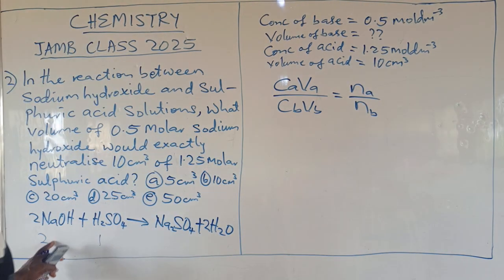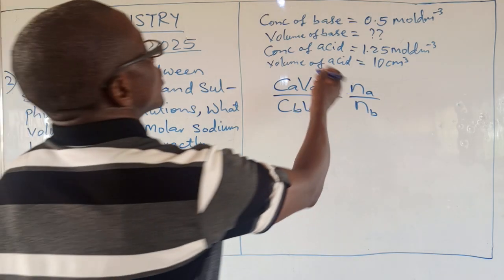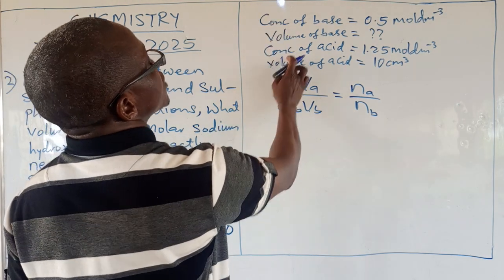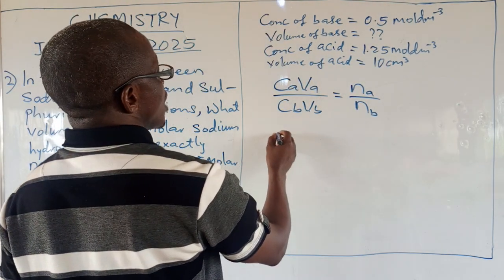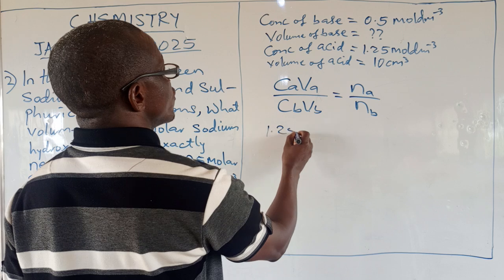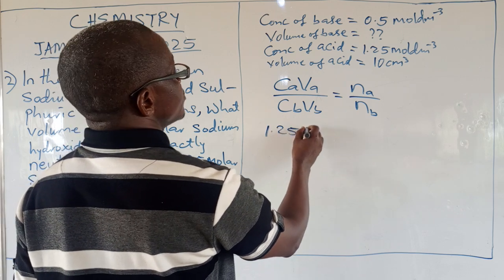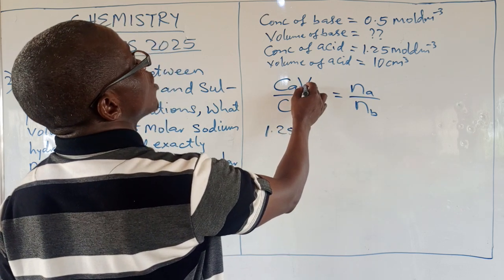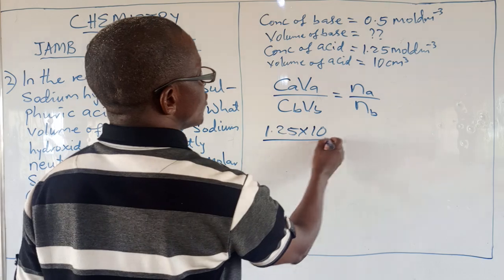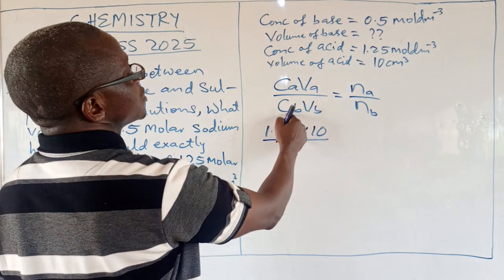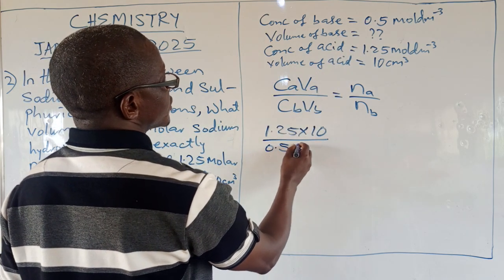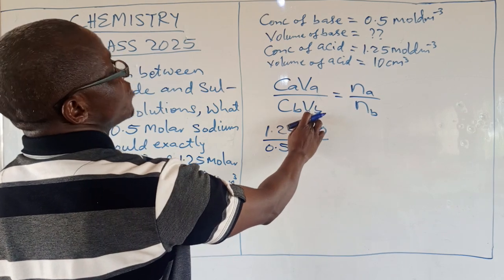So now we can substitute all of them. Let me start with this place. Ca, concentration of acid, is 1.25, times volume of acid, which is 10, all over Cb, concentration of base, which is 0.5, times volume of base.